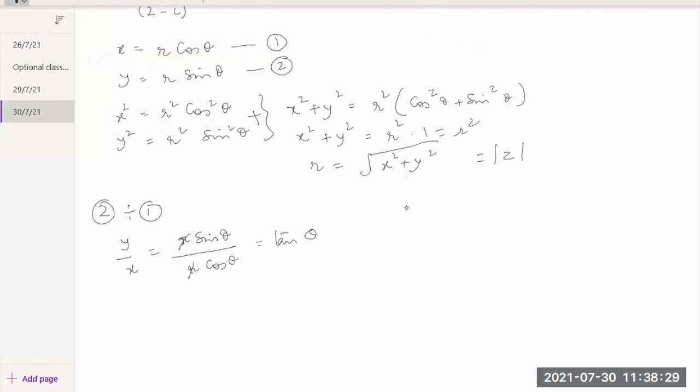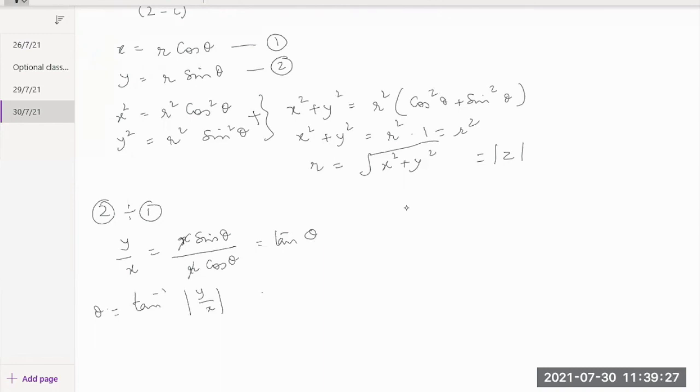Clear? So you can now decide from here also that your theta, the alpha which we were talking about, is nothing else but your tan inverse of y by x. This is your theta over here. Clear? This was something extra which I just told you so that you have this information also, that you can calculate your alpha as well as your mod z even with the help of the polar form of the coordinates. Okay.